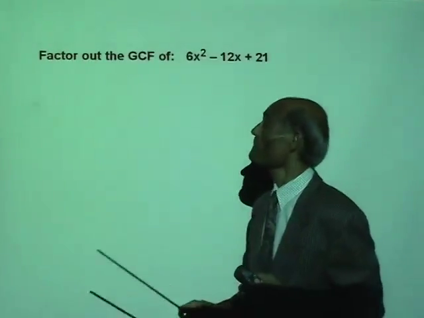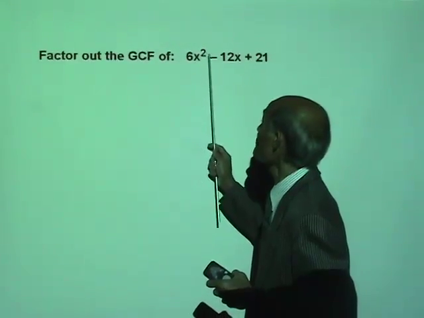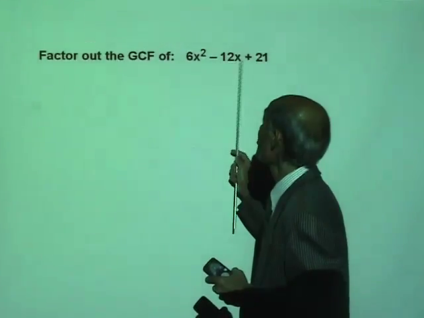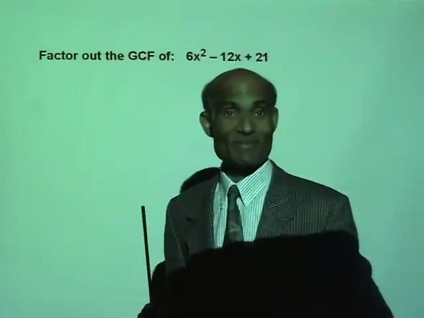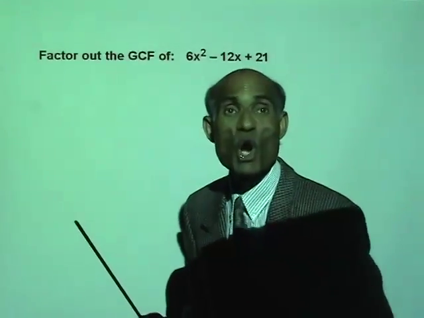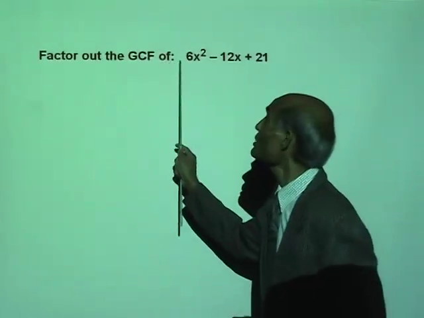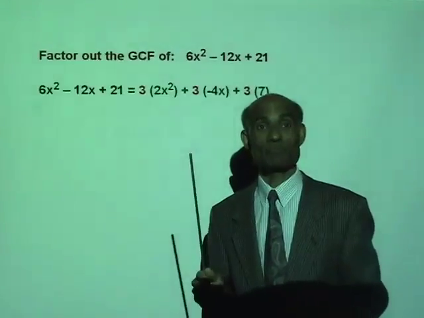We have factored out the greatest common factor. Alright, another one. Factor out the GCF of 6x squared minus 12x plus 21. Can you look at that and tell me what is the greatest common factor in these three terms? There are three terms there.